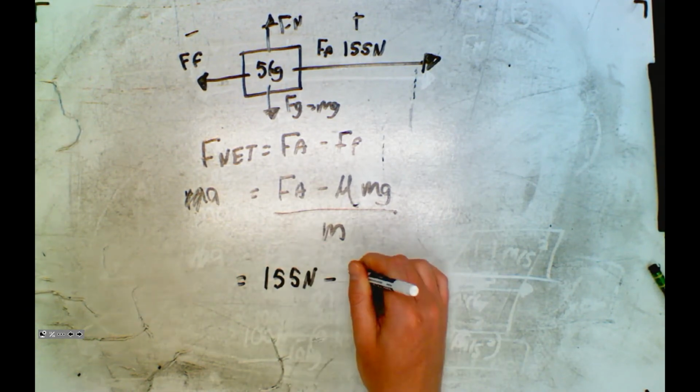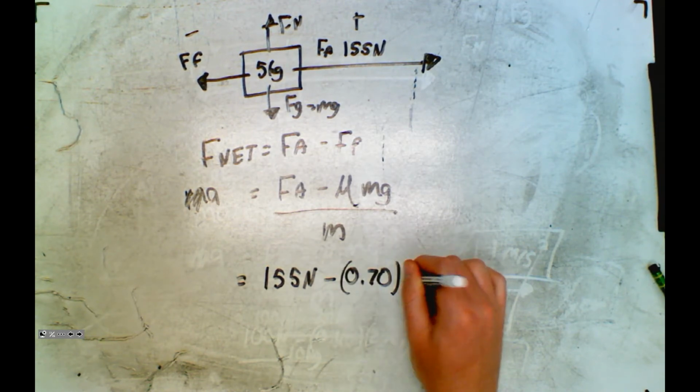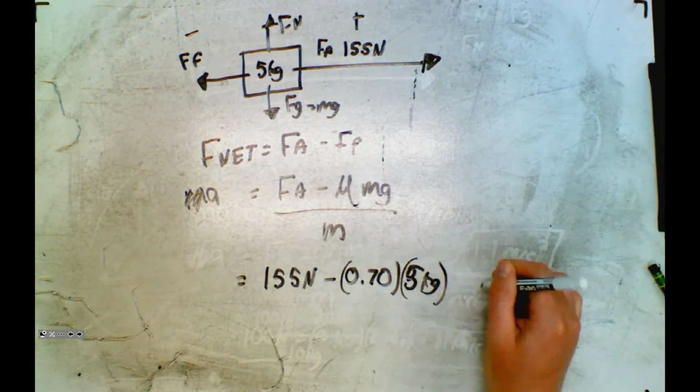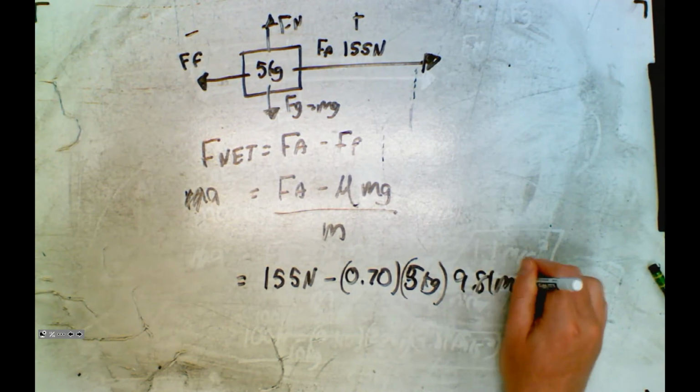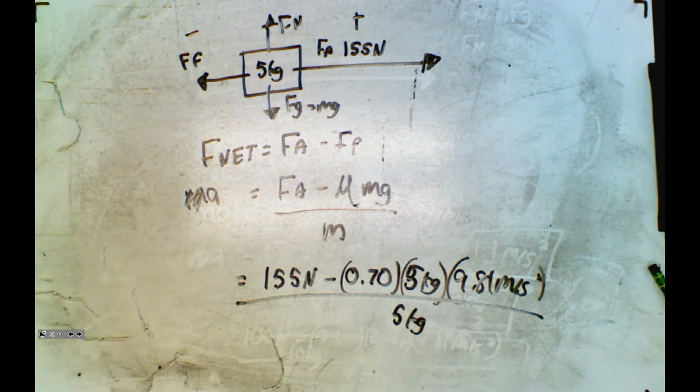155 newtons minus our coefficient of friction we want to use is 0.70. It's a 5 kilogram object. g is 9.81 meters per second squared. And our mass is 5 kilograms.